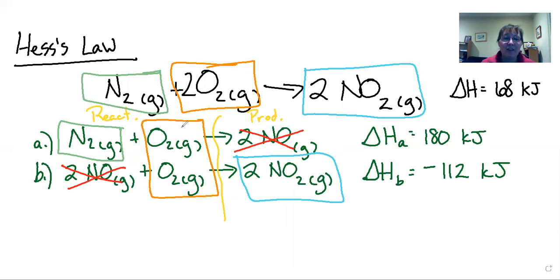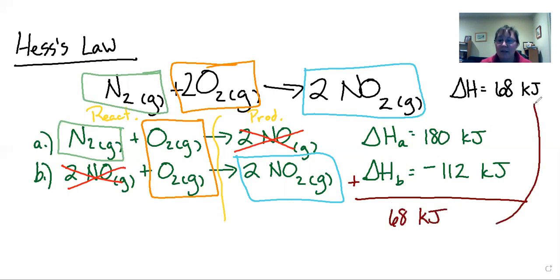Okay, because everything is accountable for here, I can add my delta H values together. And if I take 180 plus negative 112, then I will get 68 kilojoules. And you'll notice that they match.